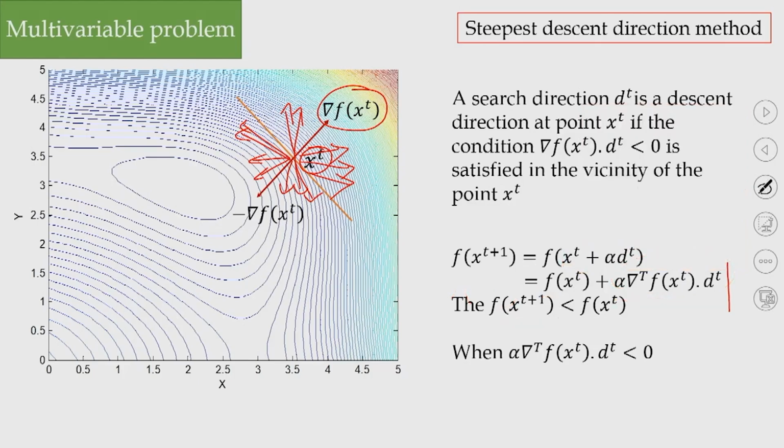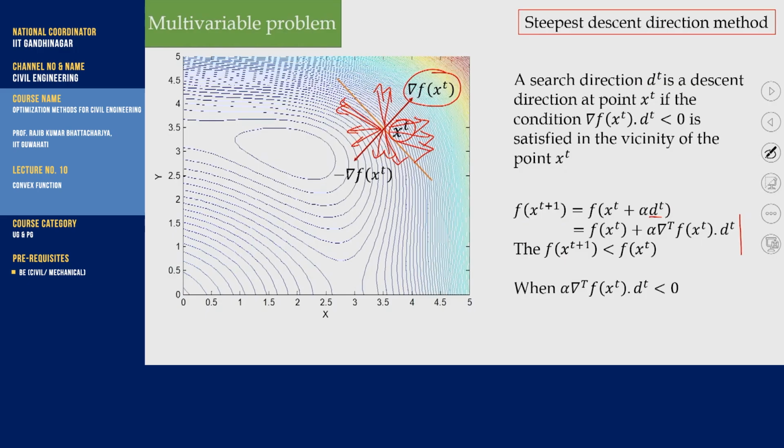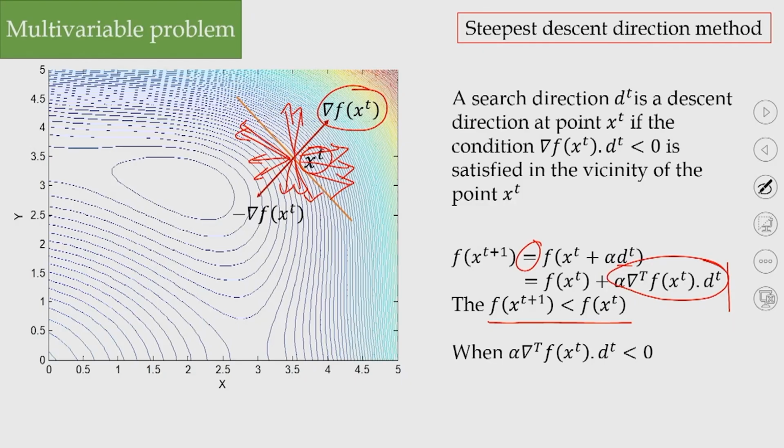If the direction d t is a descent direction, in that case what will happen? f of x t plus 1 will be less than f of x t. Now, when will it be? Because this is an equality sign, if this portion, that is alpha del f x t dot d t, is less than 0, then the direction will be the descent direction.